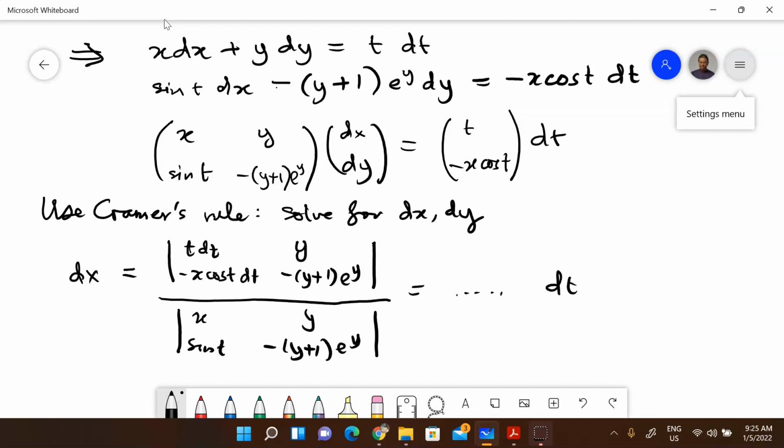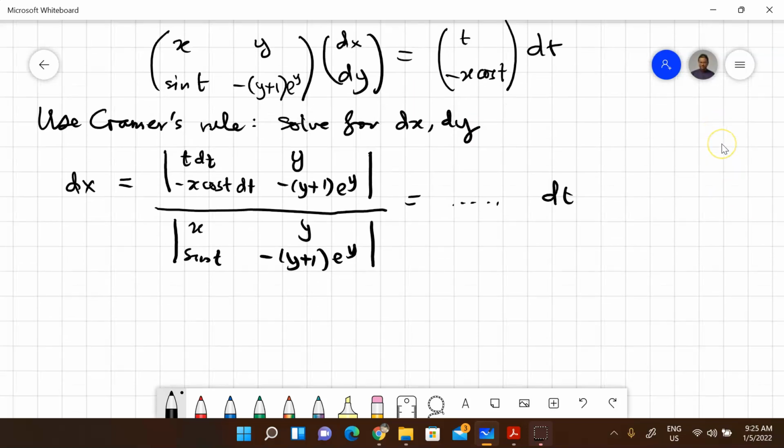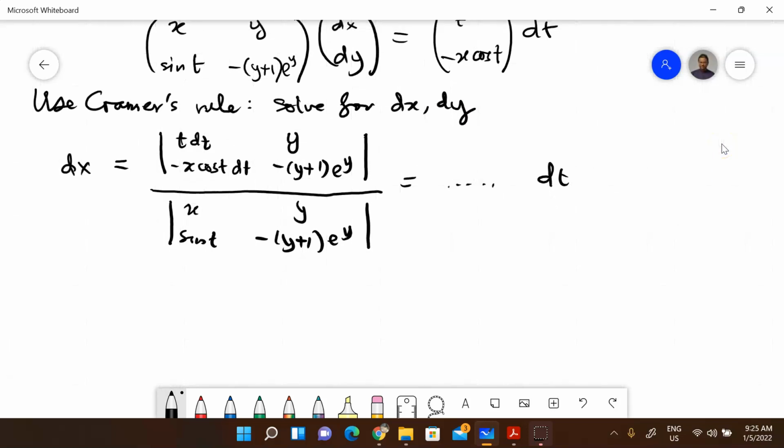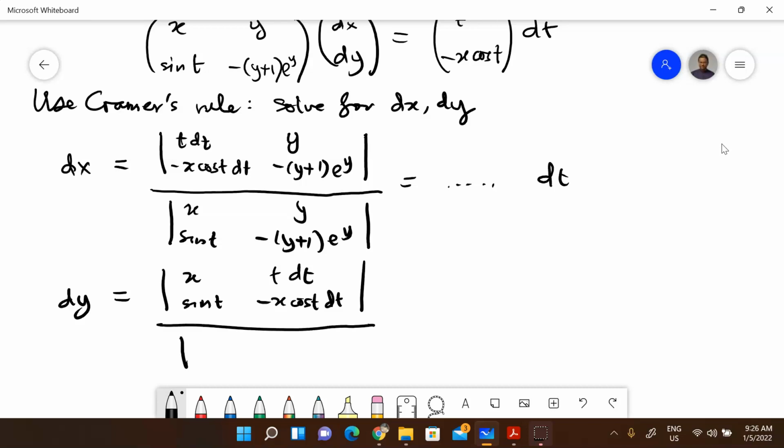The same thing applies for dy. Again, you simply replace the second column now. So here is x, sine t. The second column is replaced by t dt, minus x cos t dt, and then divided by the same determinant.